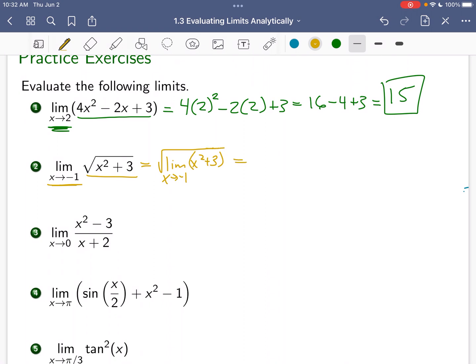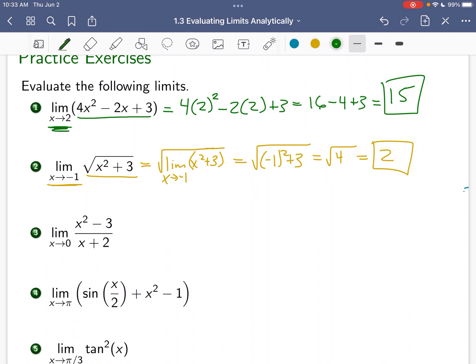So again, we can do that direct substitution. -1 squared plus 3. And we get a value of 2. Great. So here we are analytically evaluating these things.